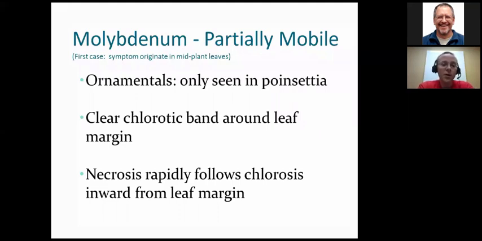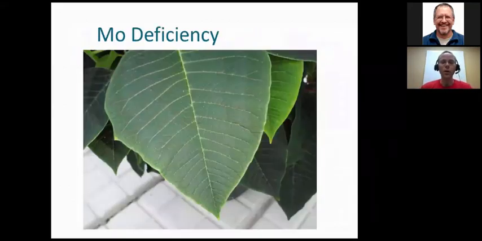But you get a clear chlorotic band on the leaf margin, and then it rapidly goes to chlorosis, moving inward from the leaf margin. So this is just the very beginning of it on a poinsettia crop. You notice on the edges of the poinsettia leaf, we're starting to see just this clear band of chlorosis, and this will start to get a little bit more pronounced as the molybdenum deficiency progresses.